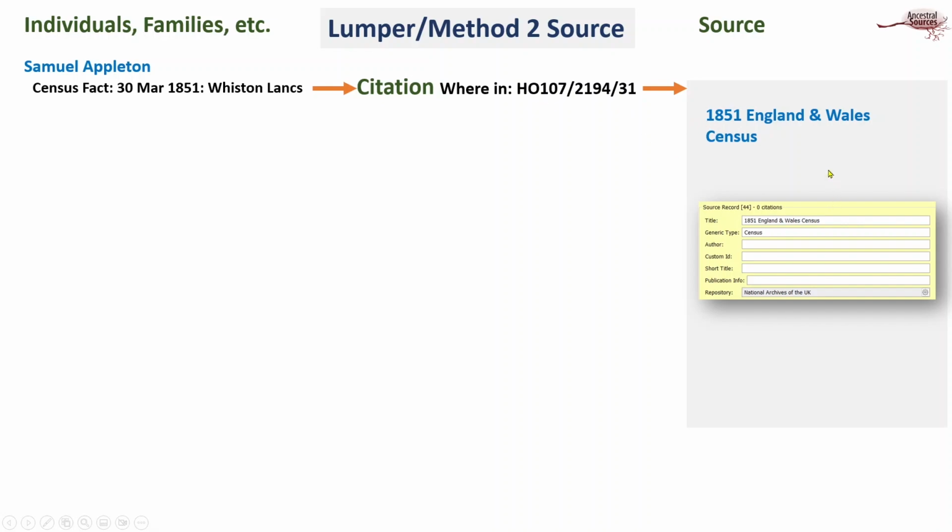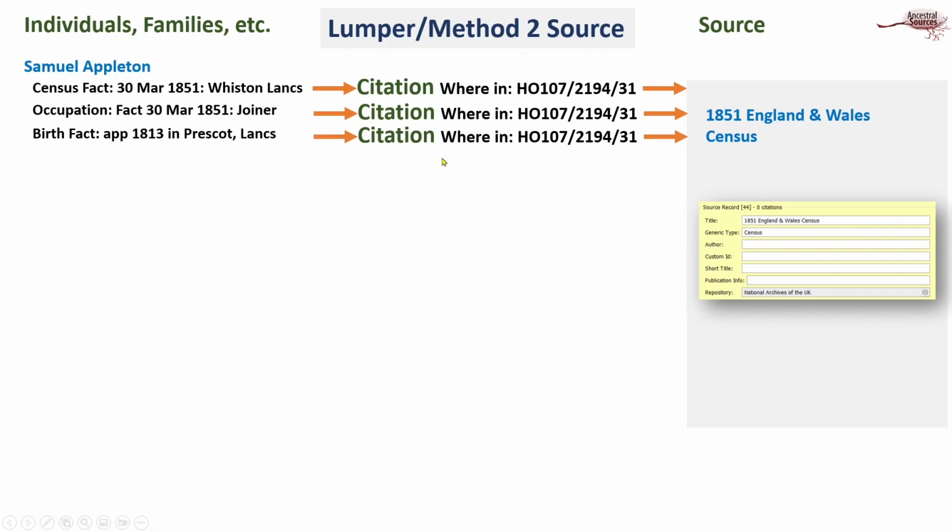But now we need to record all of our information about that within the citation itself. So within the citation, we would have to record, for example, the census reference. And crucially, if I wanted to create a transcription of the census, I would need to record that within the citation too.